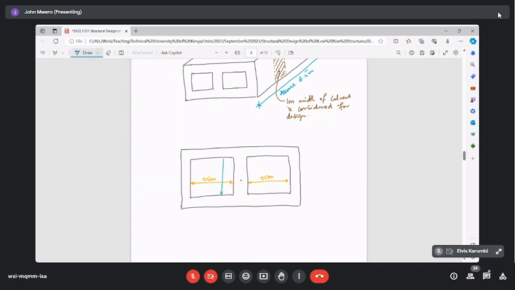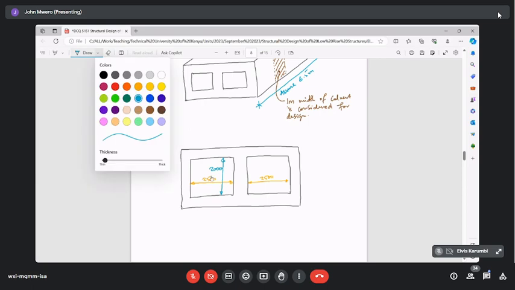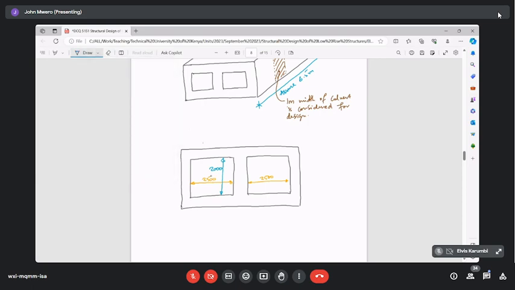This height here is 2 meters. We're saying, let the thickness of the top slab be 350. Bottom slab as well, 350. Let the vertical walls be 300.